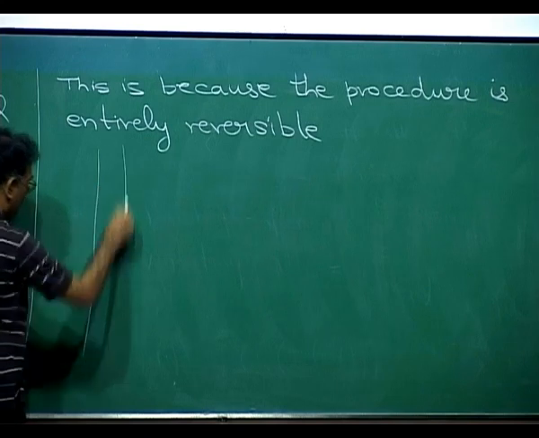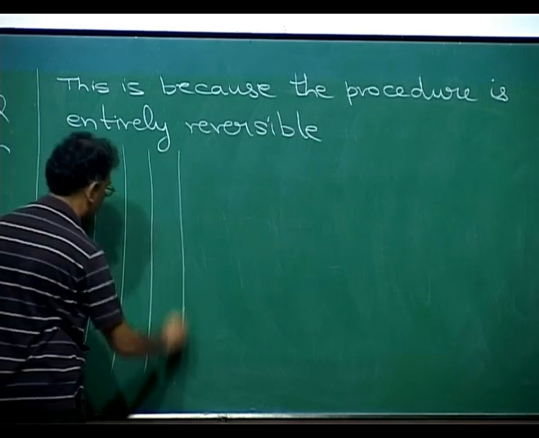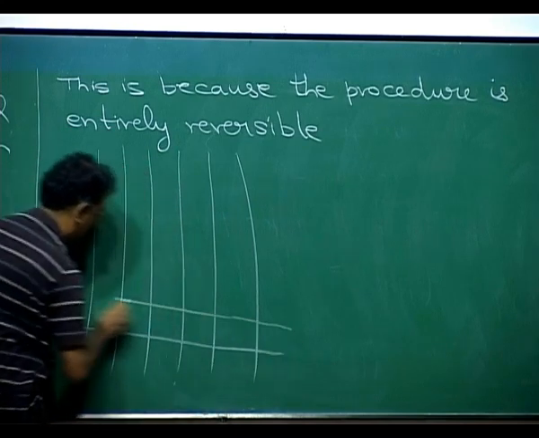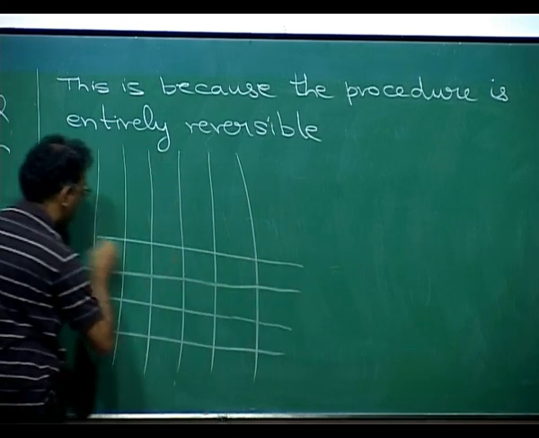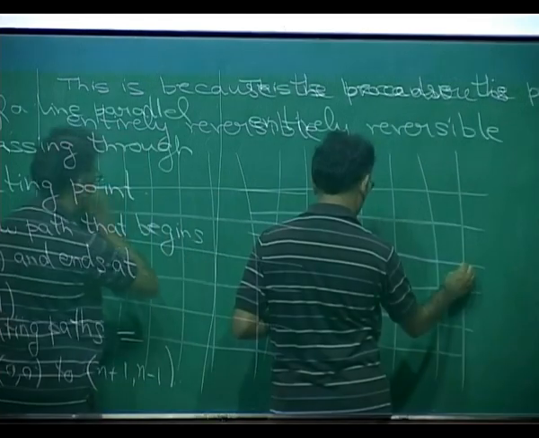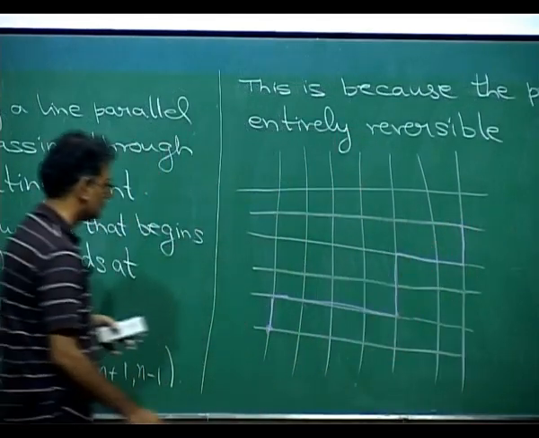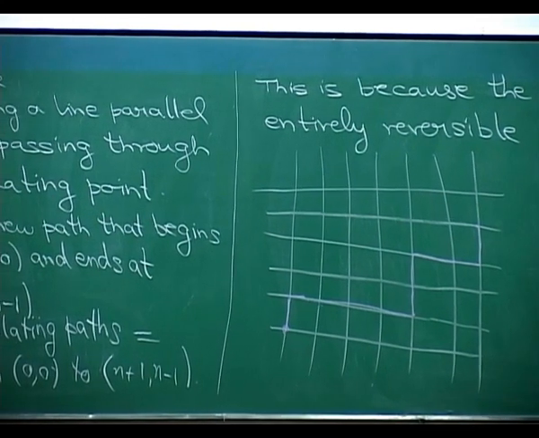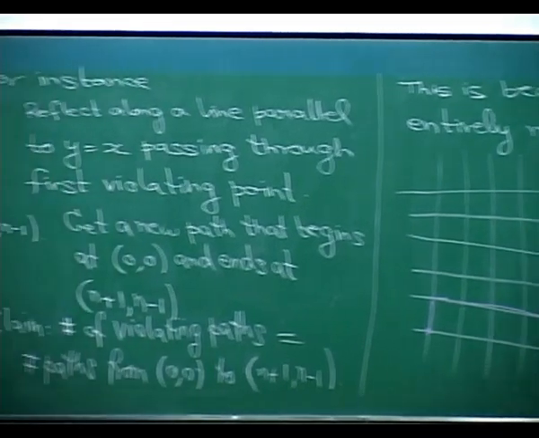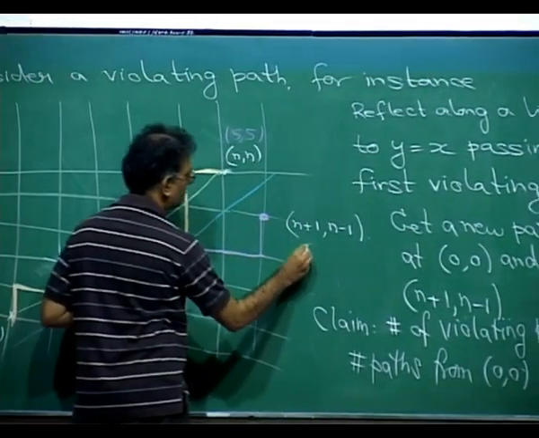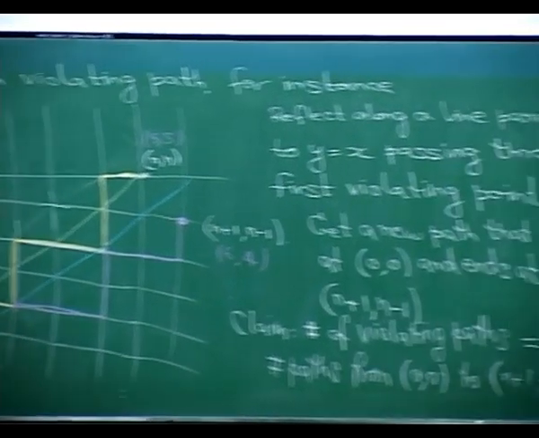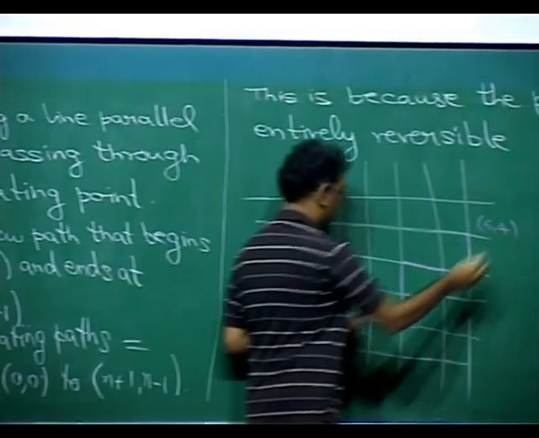Let me take this picture. And let me take this path. This is some path from 0, 0 up to the point n plus 1, n minus 1, which is 5, 5 for us, 6, 4. So some path to 6, 4.